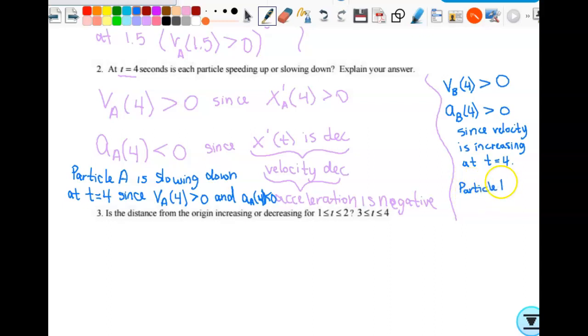Particle B is speeding up since velocity is positive, and the acceleration of particle B at time 4 is positive.